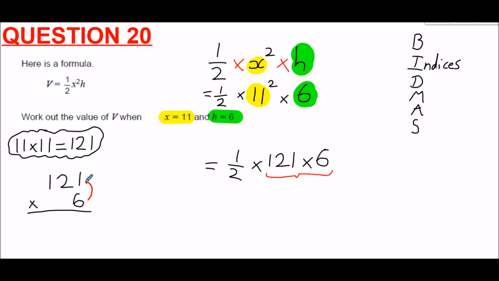First of all, we're going to do 6 multiplied by 1, which is 6. The next number along is the 2, so 6 multiplied by 2 is 12. Carry an extra 1 on. And finally, 6 multiplied by 1 is 6, plus the 1 we've carried is 7.